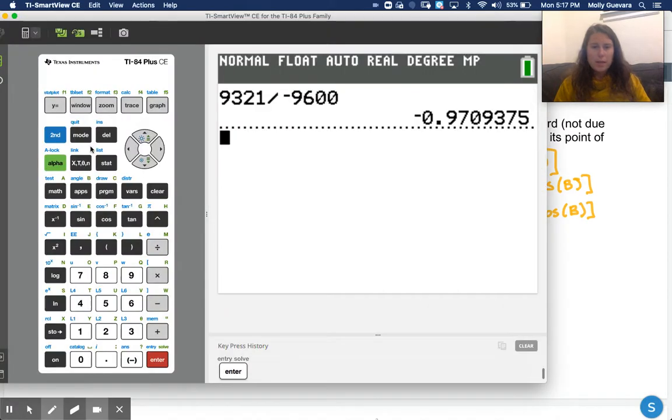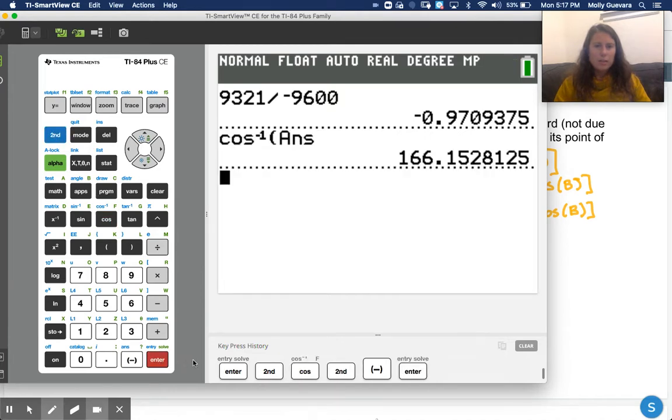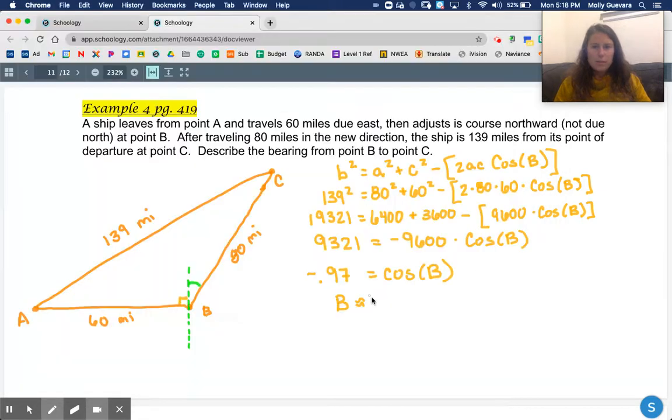Let's go back. So I'm going to take the cosine inverse of my answer, and I get 166.15. And I'm going to save this as b. So I get 166.15 degrees. So that's what b is.